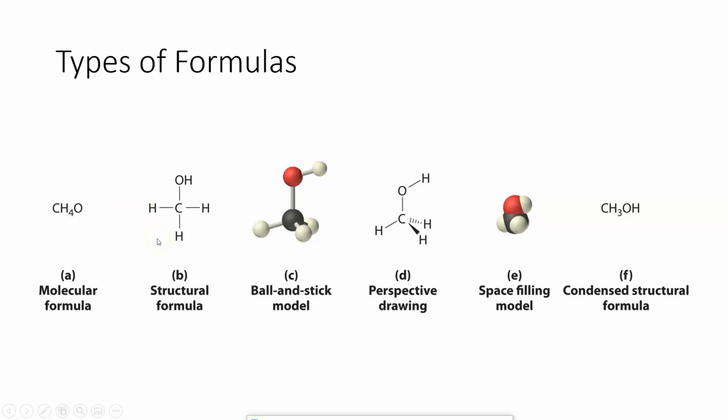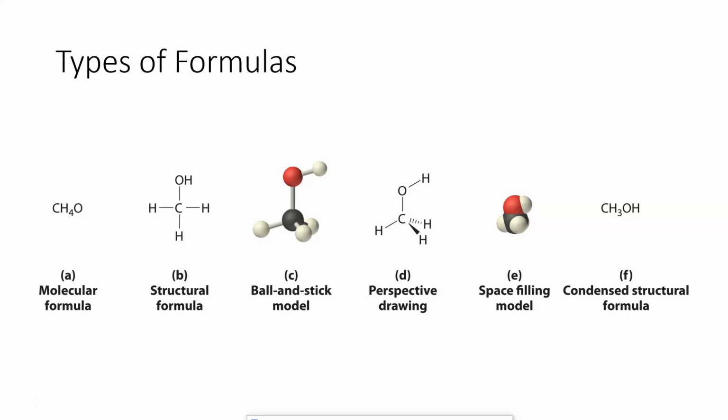Now, to represent the structure, we have the structural formula. In this formula, we can see how those atoms are connected to each other. However, this representation is not going to tell me anything about the shape of my molecule.